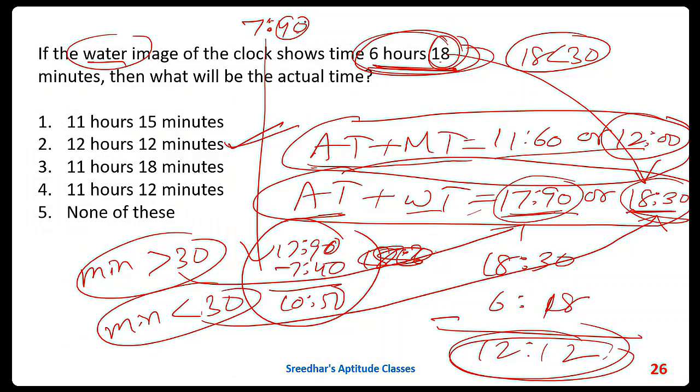So for 7:40 the answer is 10:50, because I should subtract from 17:90. Why have I selected 17:90 here? Because the minutes in the given question are greater than 30. Is this clear, Lokesh? When to subtract from 17:90, when to subtract from 18:30. Clear?